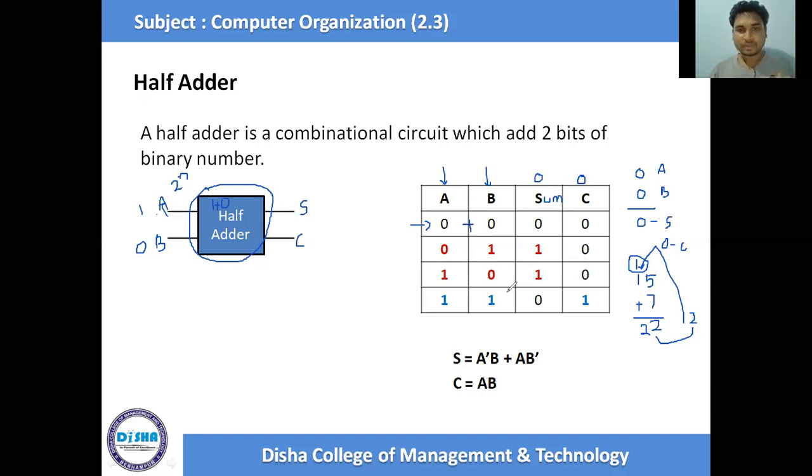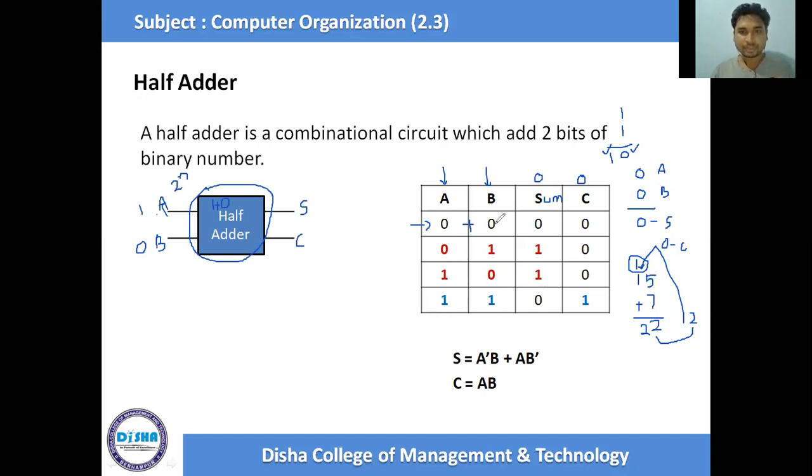Okay, so when a equals to 1 and b equals to 1, we are getting sum equals to 0 and carry is 1. See, when I add these two numbers 1 and 1, it becomes 1 0. So the first number is carry and the second number is sum. Okay, so this is our functional table.